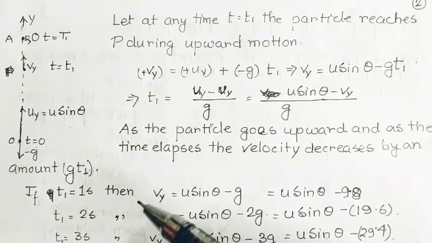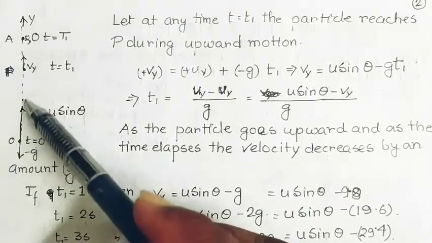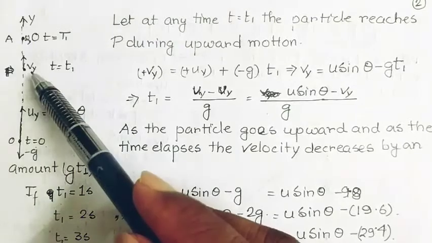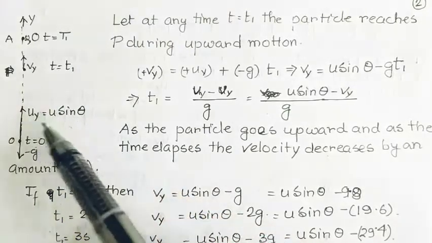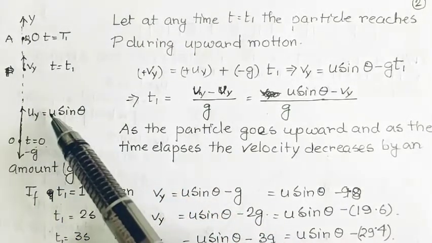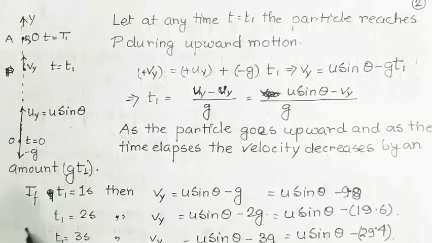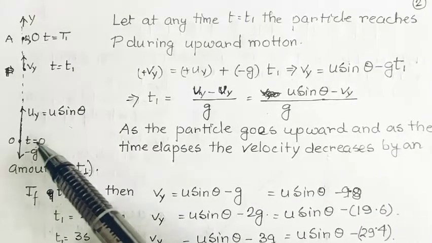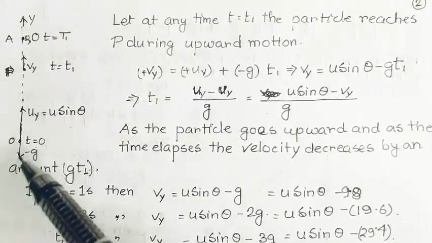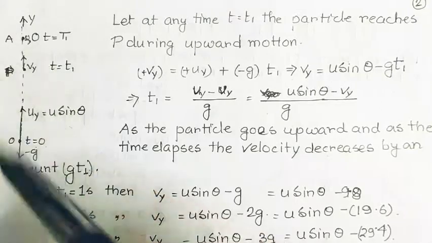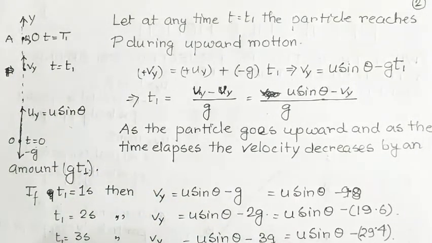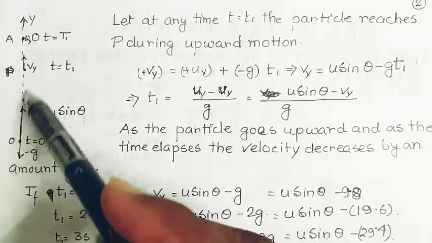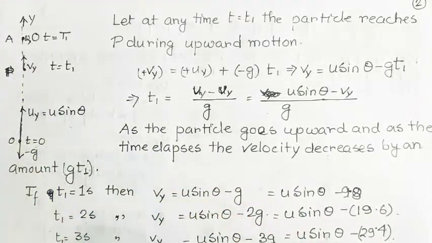And you know that at each and every moment as the particle moves upward, the acceleration due to gravity pulls it downward. That's why the velocity decreases, and the velocity becomes 0 when it reaches the point capital A and covers this maximum height capital H.